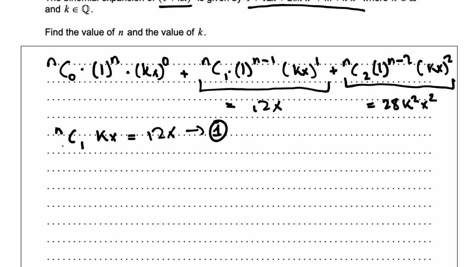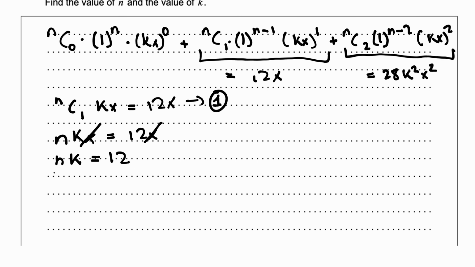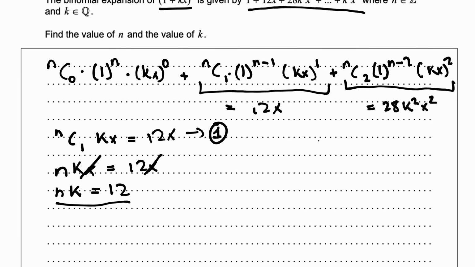So for instance, n choose 1 will just be equal to n. 5 choose 1 for instance would be equal to 5. 6 choose 1 is 6. So anything choose 1 is always itself. So nkx is equal to 12x. So x and x cancel, so we get our first equation: nk is equal to 12.